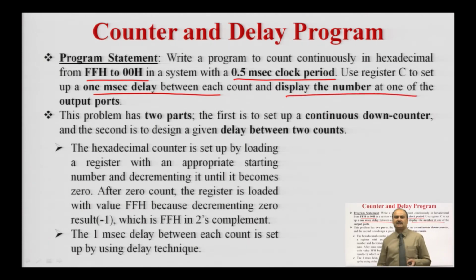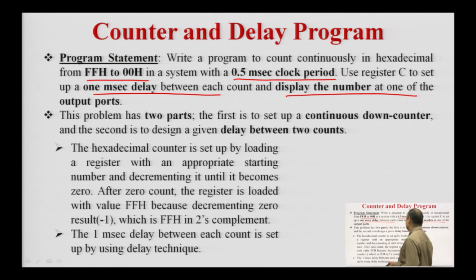So, here three things are required: first, to design a hexadecimal down counter which will count from FFH to 00H, and the system will generate a delay between each count and display the count value at one of the output ports.